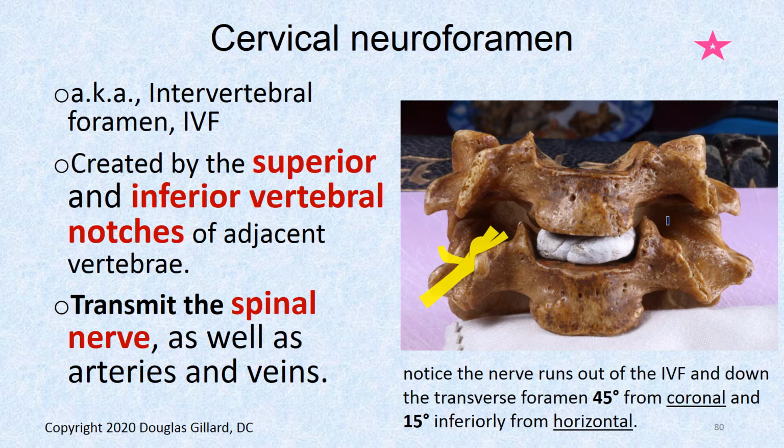I told you that they are aimed 45 degrees forward, but I didn't tell you that the transverse process has a trough, a little groove right here. That's the groove for the exiting spinal nerve root. And this whole transverse process is angled 45 degrees, but it's also angled downward.